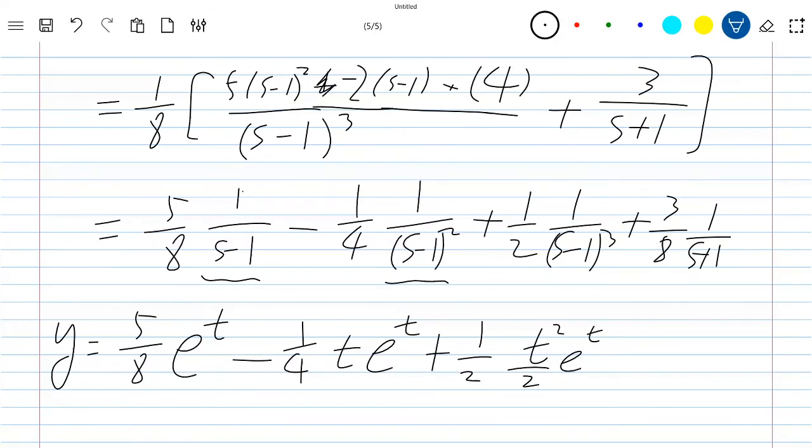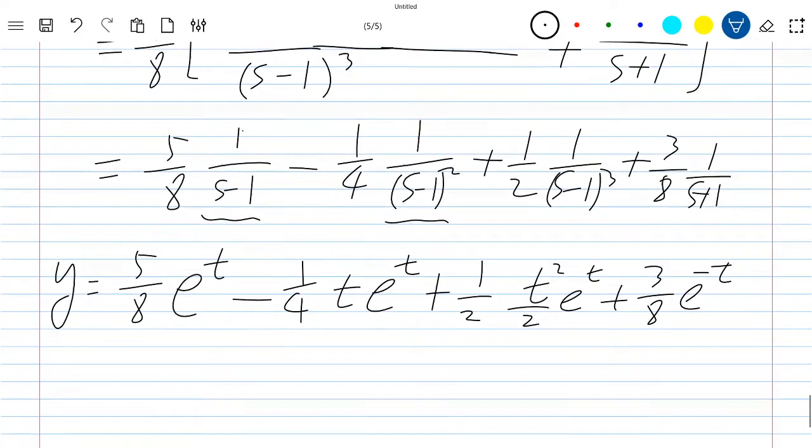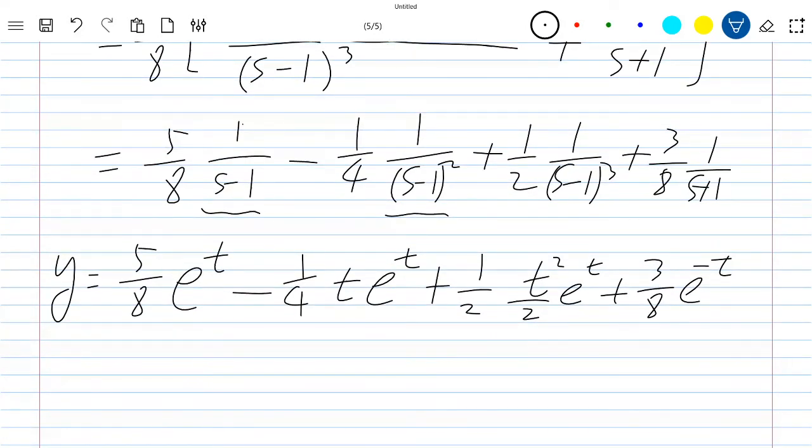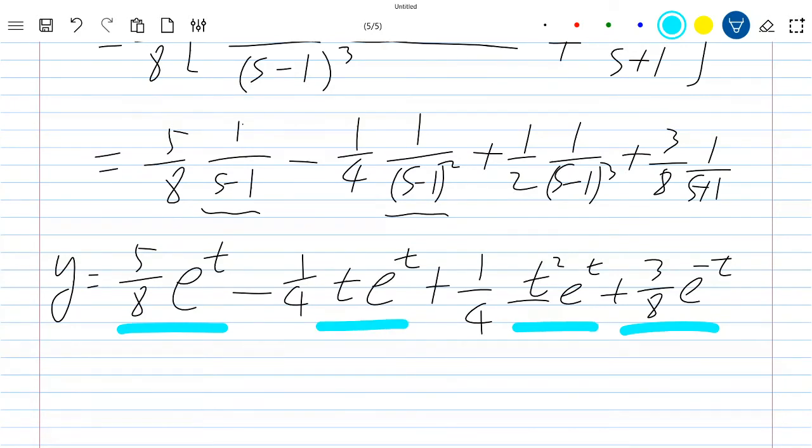Right? Then the last term is 3/8 with the negative shift. Okay, so the only thing we can improve is to merge these 2, to get a 1/4 there. Okay, so that's your result. And you can see, indeed, you have the terms we stated in the beginning: e to the t, e to negative t, t squared e to the t, and t e to the t. Alright, so that's our result.